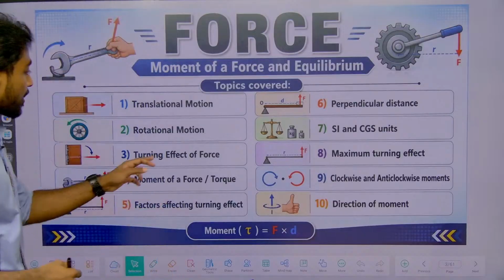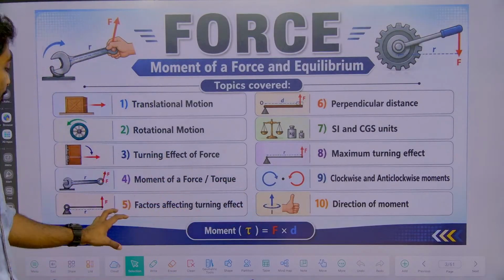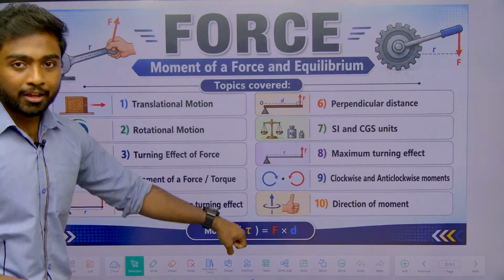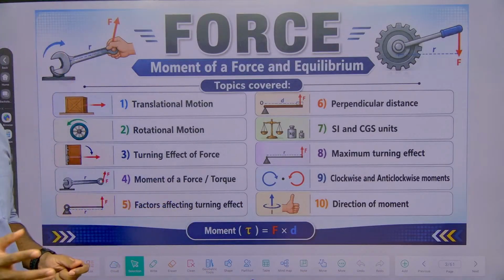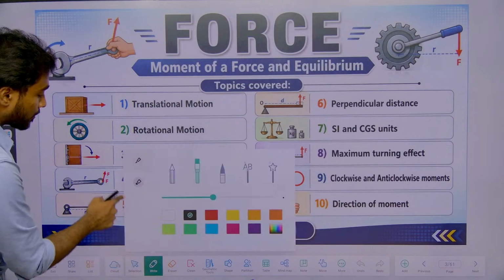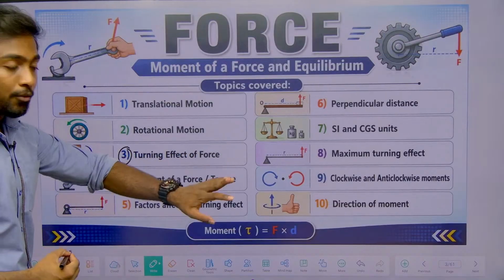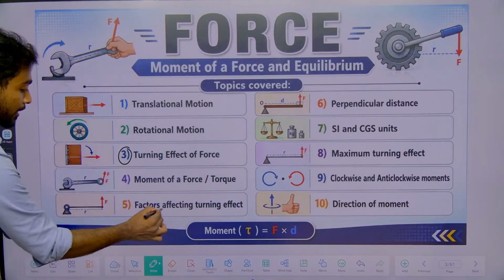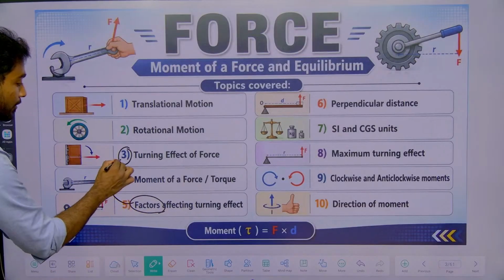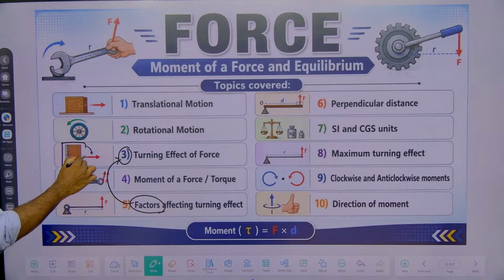Then the turning effect of force, moment of force and torque, and the factors affecting the turning effect. We were discussing the turning effect of force, and what factors affect this turning effect. If you see, here the door is there.